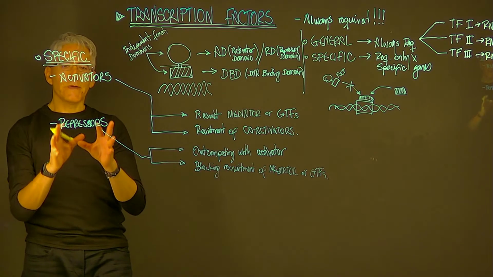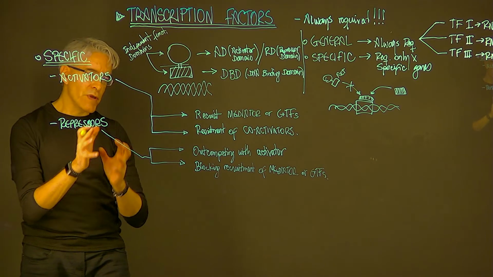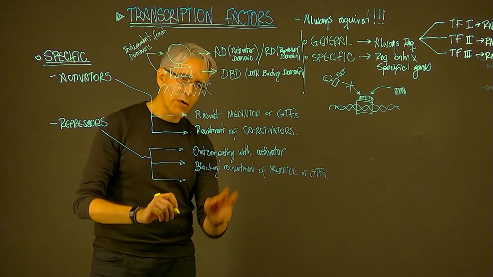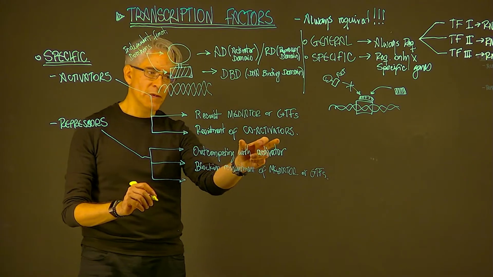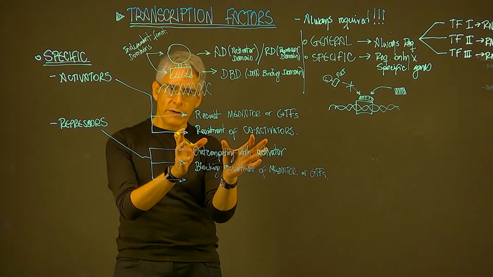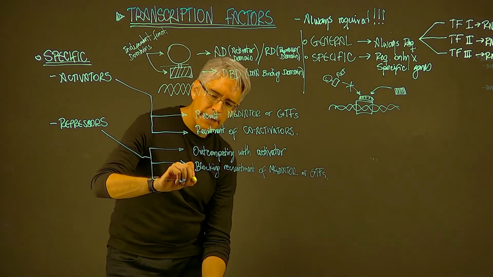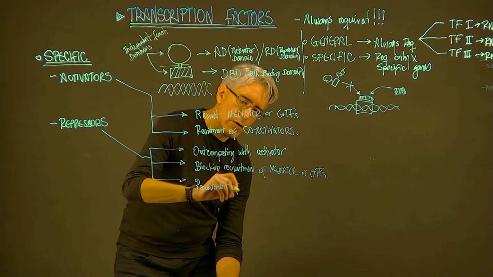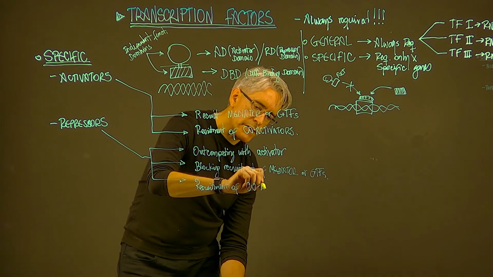And the final mechanism by which repressors can actually repress transcription is by recruiting co-repressors, which is opposite to activators. Instead of recruiting coactivators, repressors can recruit co-repressors.